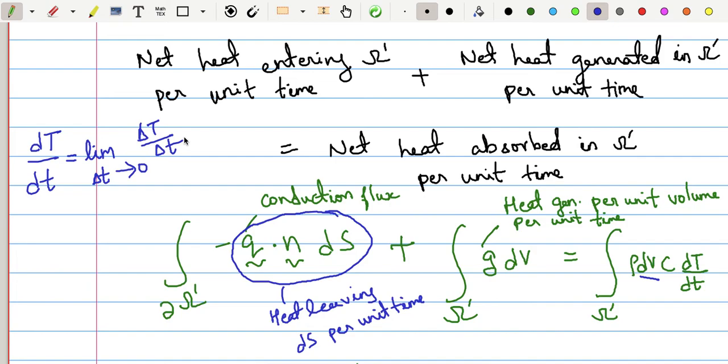Now, we are looking for increase in temperature for change in time of 1 second. So what will that be? That will be equal to the material time derivative of temperature with respect to time. Okay. So heat absorbed by the material per unit time in volume dV is rho dV C into dT by dt.